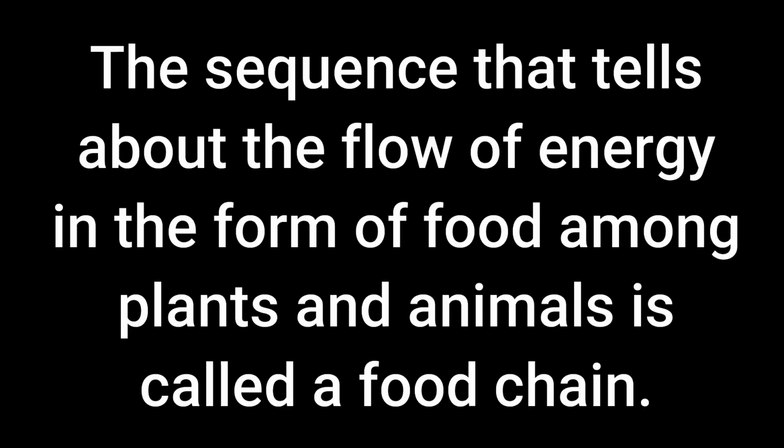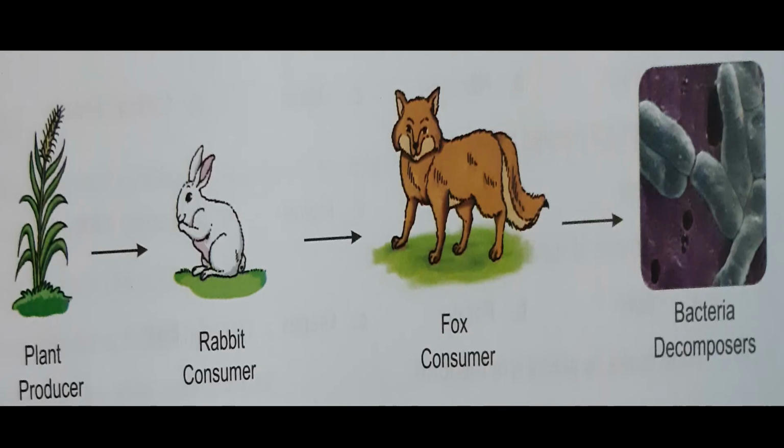The sequence that tells about the flow of energy in the form of food among plants and animals is called a food chain. See this image? What is there in this image? Plant, rabbit, fox, and bacteria.